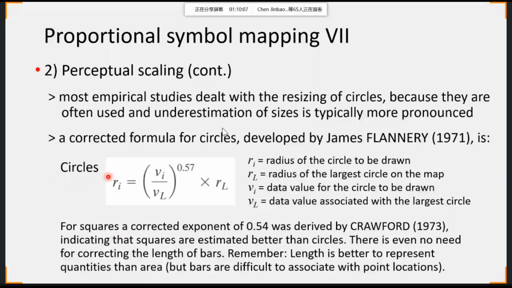For circles, it's 0.57. For squares, it's 0.54. There is even no need for correcting the length of bars. Therefore, remember, length is better to represent quantities than area, but bars are difficult to associate with point location. We talked about that before. But you see here, you don't need a correction for bars. When it comes to estimating differences between bars, this works much better, and no such correction is necessary for bars.